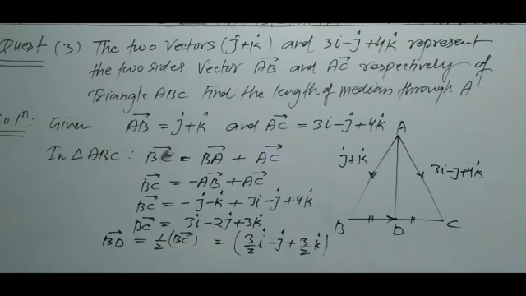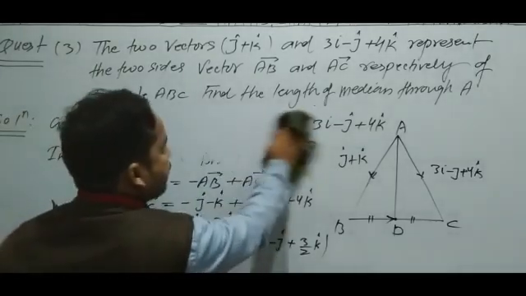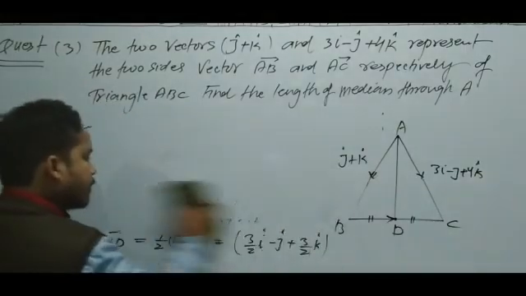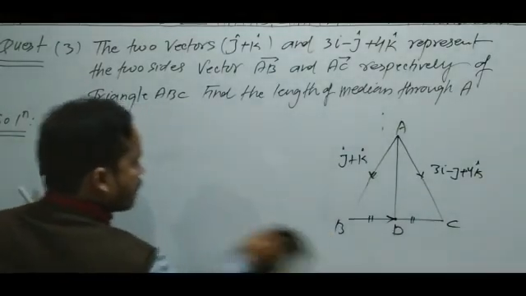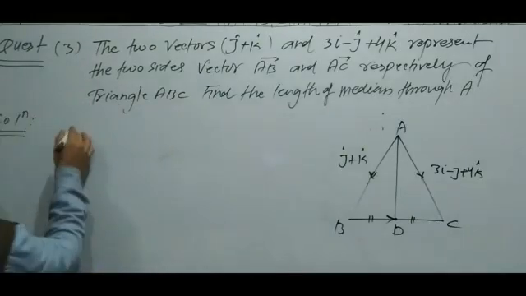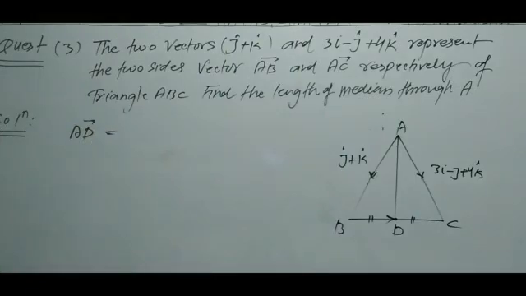Now from the figure, what can we write for AD? AD vector we can write as AB plus BD.